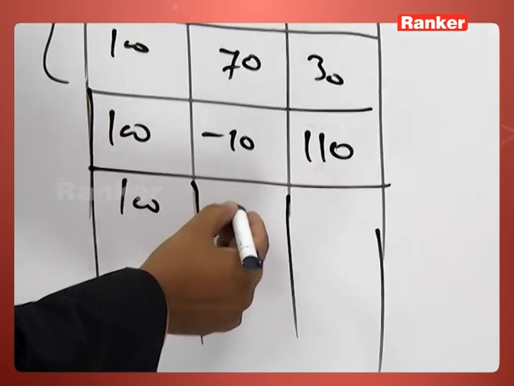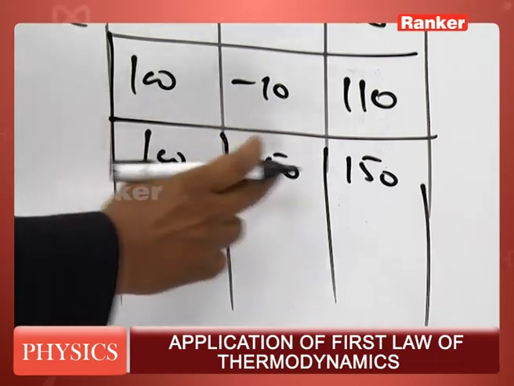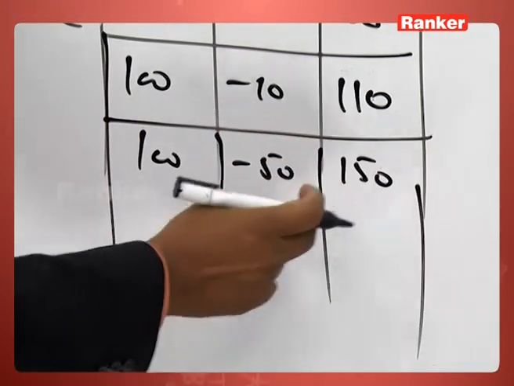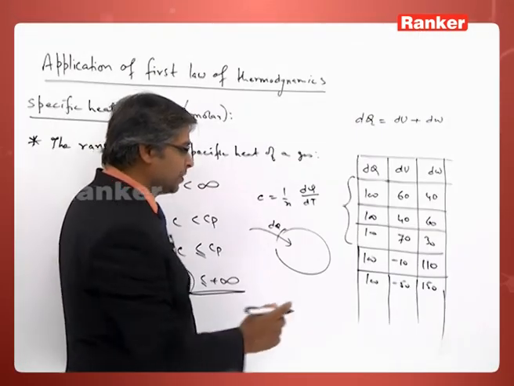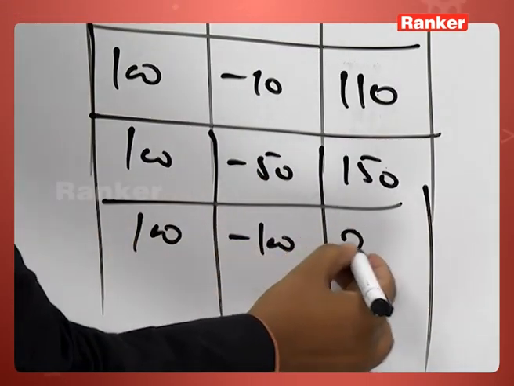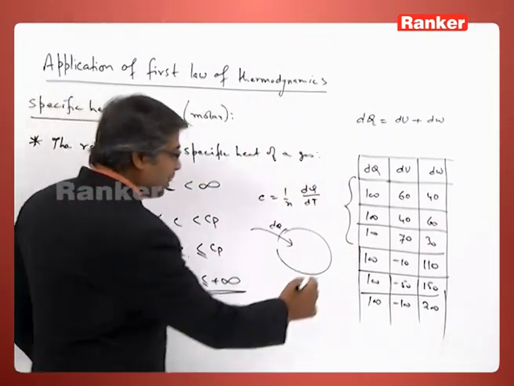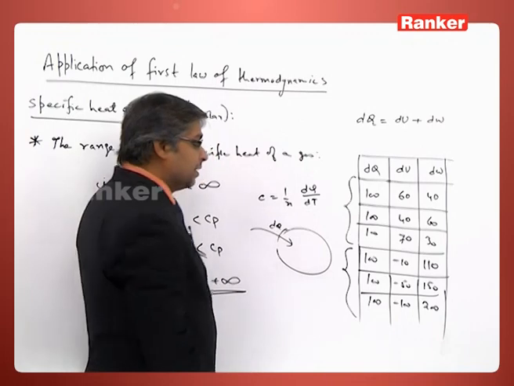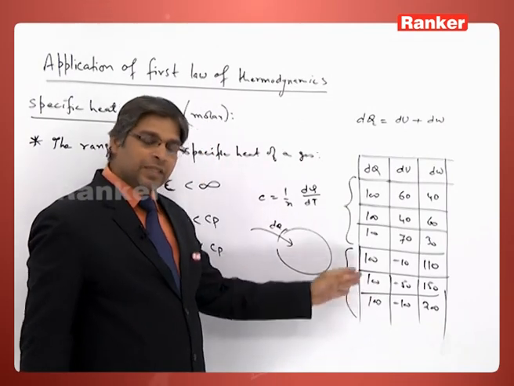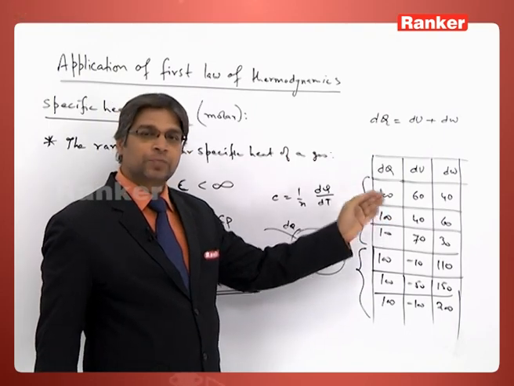This is 100 minus 50, this is 150. The summation is this. So you see, this is the first law: this plus this must be equal to this. Again 100 minus 100, it is 200. So for all the three processes below, the specific heat is negative, and for the upper processes the specific heat is positive.